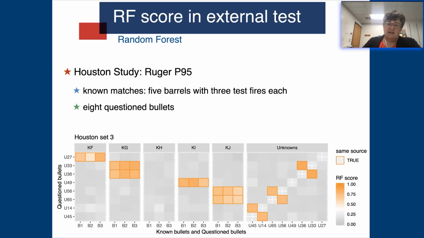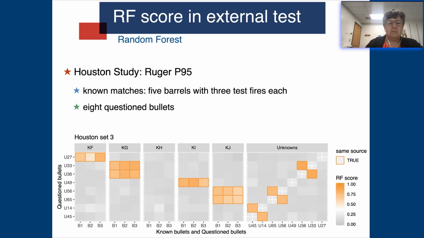That study consisted of known and questioned bullets from various different Ruger P95 barrels. So here we just have a comparison of 5 barrels where we have 3 test fires each. So those are barrels known F, known G, H, I, and J.